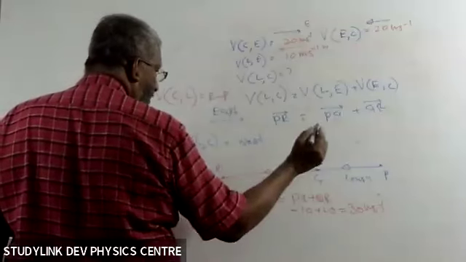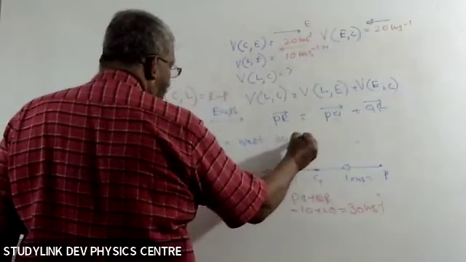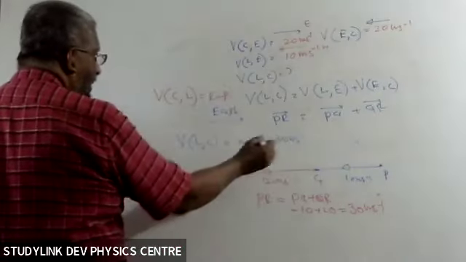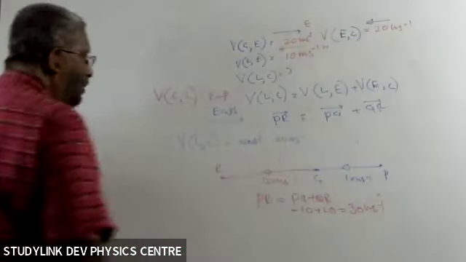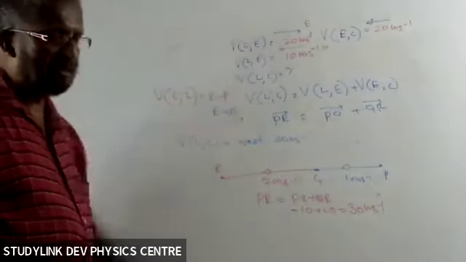Same value, 30 ms minus 1. Because we change the letters, the value is the same, the direction is opposite. That can be obtained by changing this.